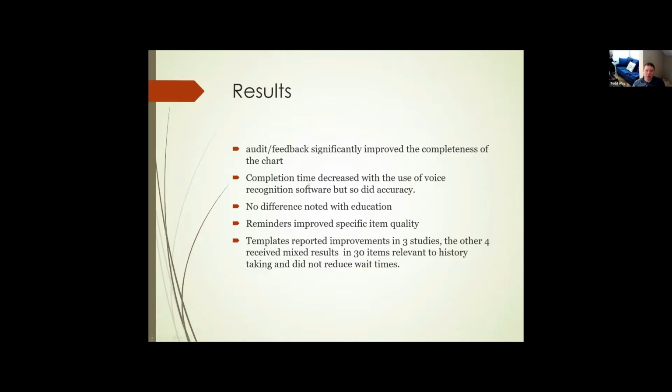Voice recognition software decreased completion time, but then of course the accuracy also decreased, because for all the reasons we talked about earlier, once your voice is trained in Dragon, it tends to do a much better job, but initially it may make a lot of errors. You know, having someone come in and talk to people about the value of charting and the dangers of not charting properly didn't really improve charting at all.